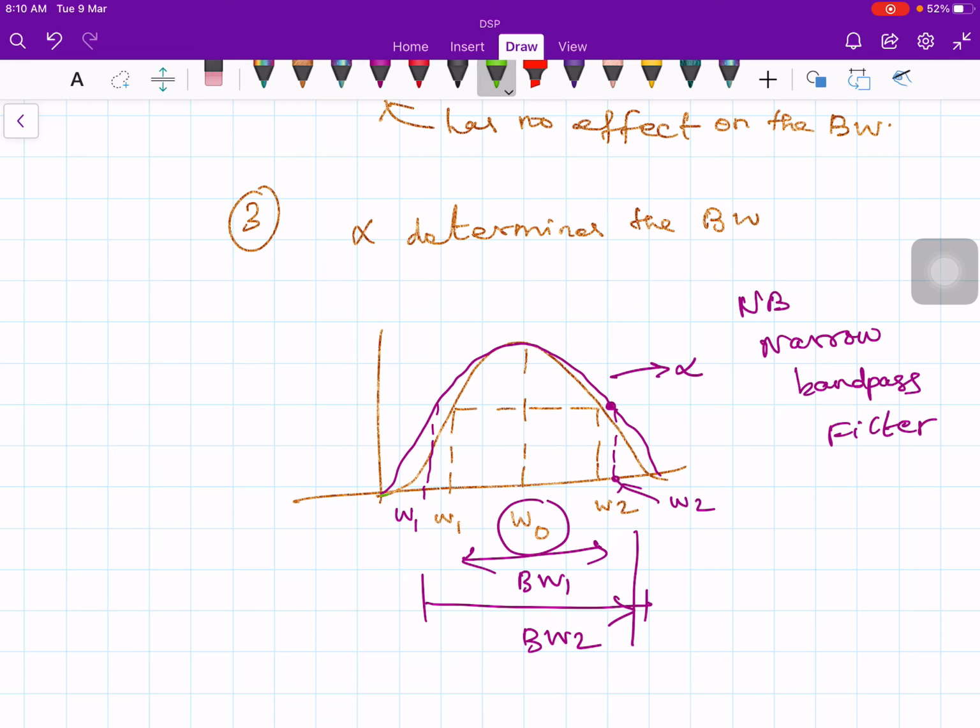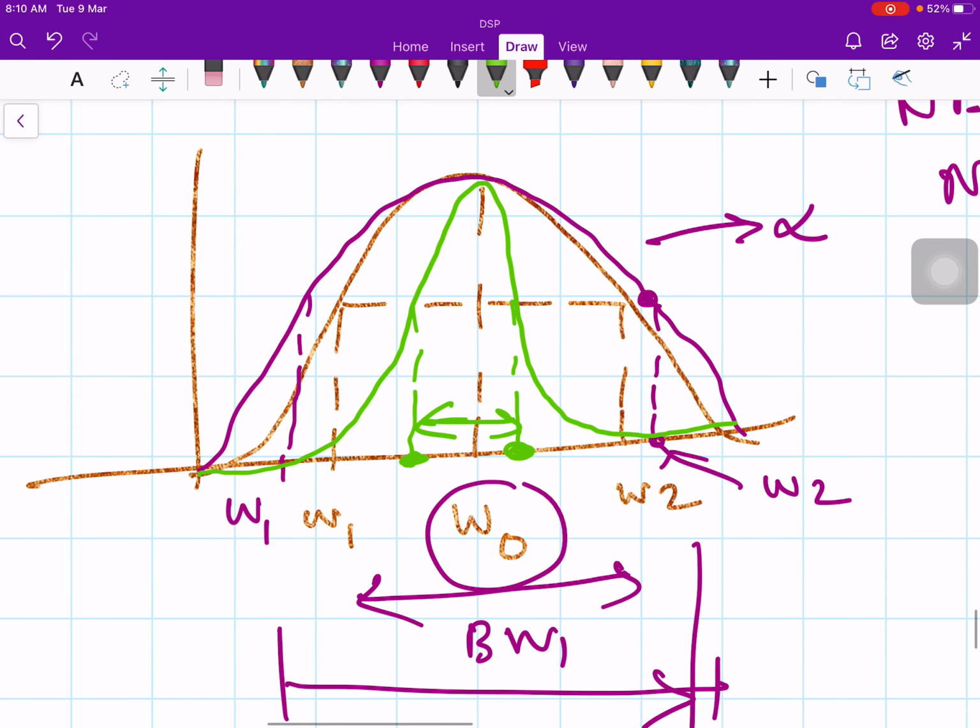You can make like this. Now look at, this is my new bandwidth. So this is the narrow band. Okay, so between this point, but again notice here the center frequency is not changed. Center frequency is the same as the previous case.